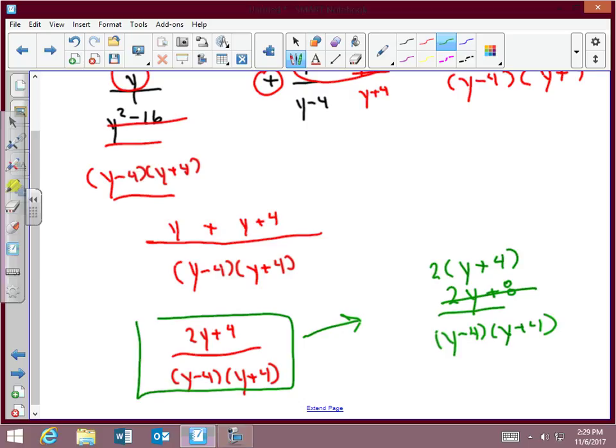And then what would you have done? You'd have canceled that with that. That's what you're looking for, that kind of stuff. You know, this is not the problem. They gave you this problem here. But that next step is what you would be looking for when you're trying to factor things.